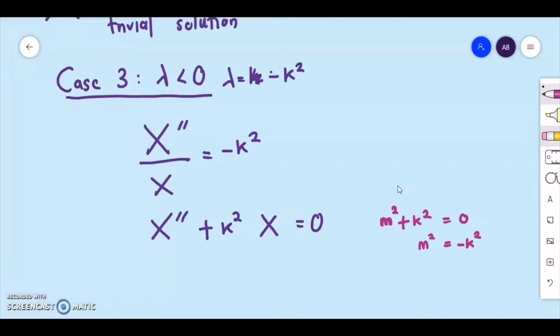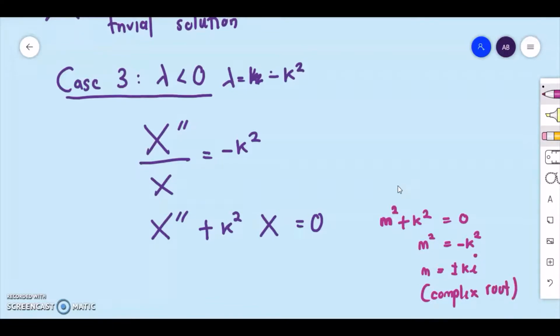Now, so what do I do here? We can see that this is negative, so m will be plus minus kappa i. So we have a complex root.